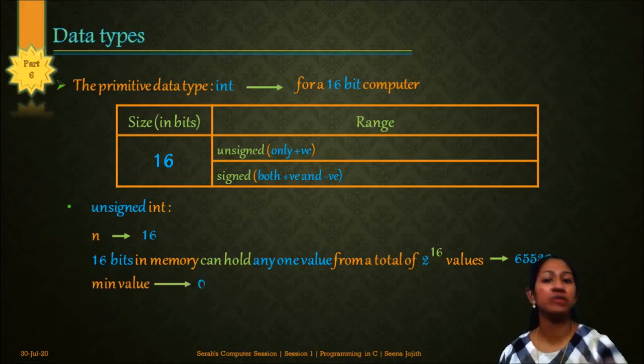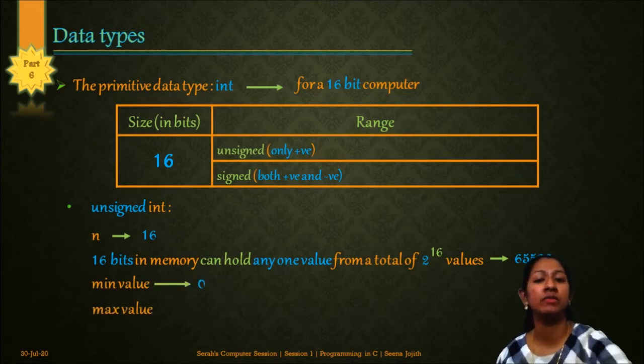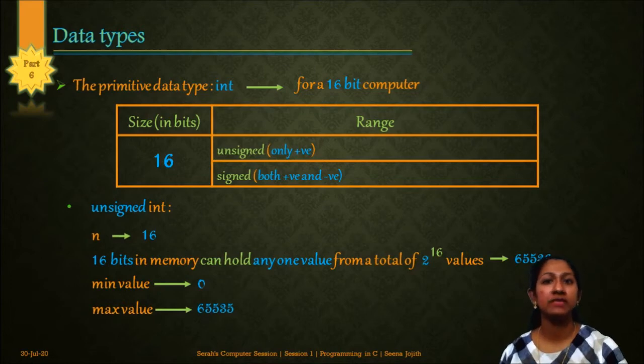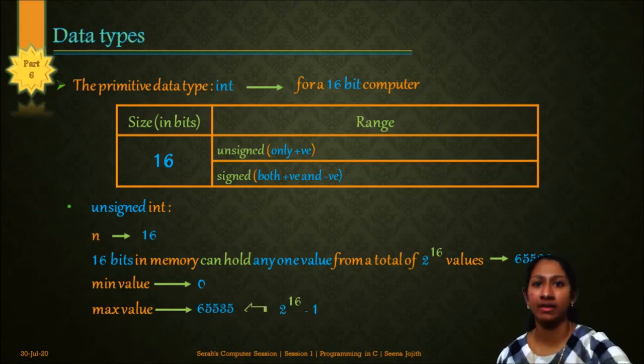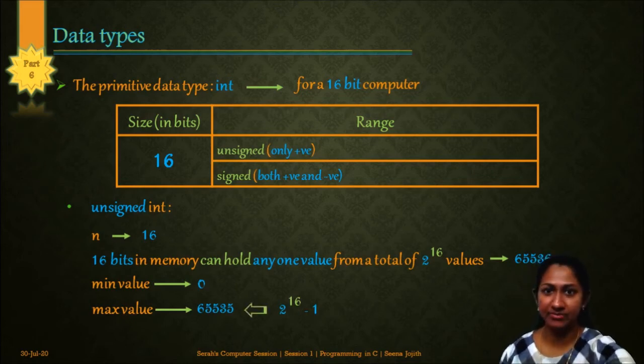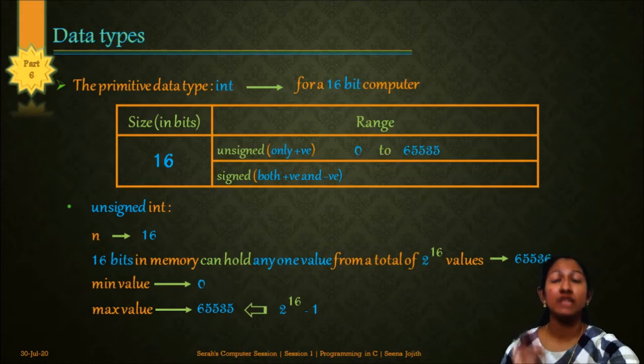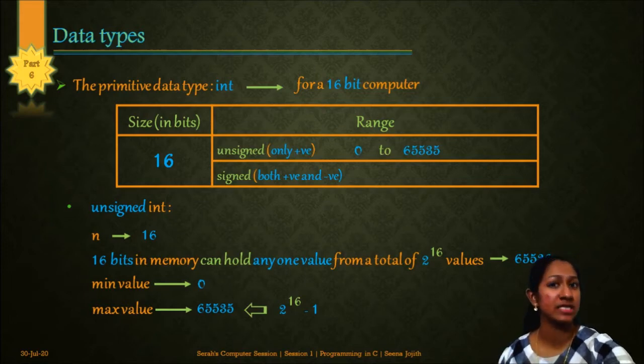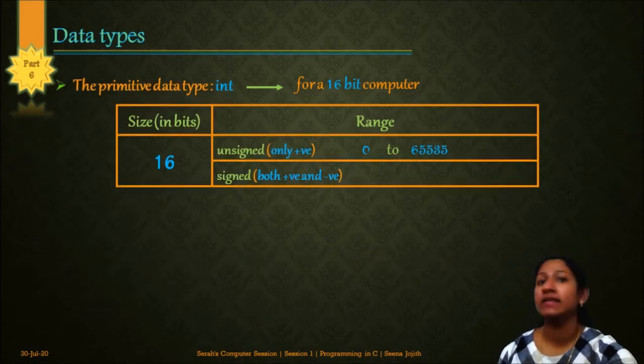The minimum value will be 0 and the maximum value will be 65,535. You get that from the equation 2 raised to 16 minus 1, that is 2 raised to n minus 1. So the range for unsigned int in a 16-bit computer is 0 to 65,535.